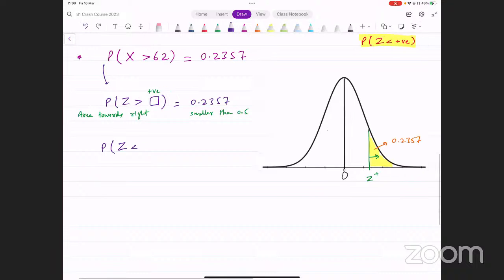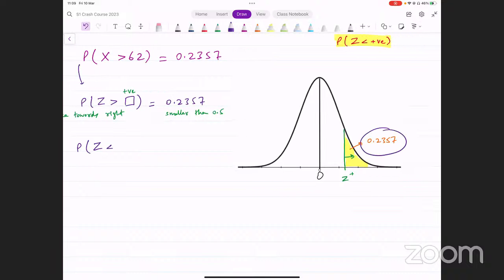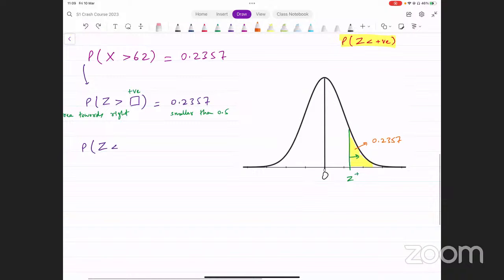Now think about it. If the area to the right is 0.2357, what about the area to the left of this value? That would be 1 minus this. So probability of Z less than this positive value of Z, what is that? That's 1 minus 0.2357. So this area is 1 minus 0.2357. Let's evaluate that.